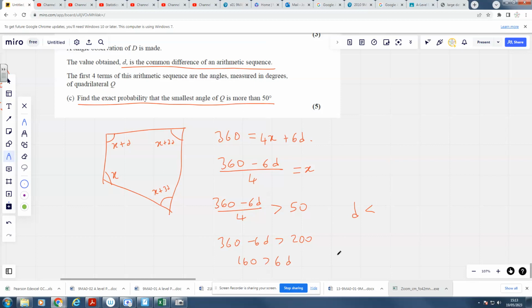I get D is less than, I'm just doing 160 divided by 6 on my calculator, D is less than 80 over 3, let's turn that into a decimal. We want D to be less than 26.6 recurring.